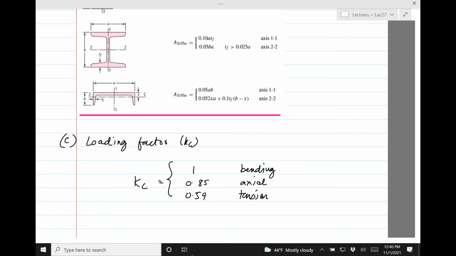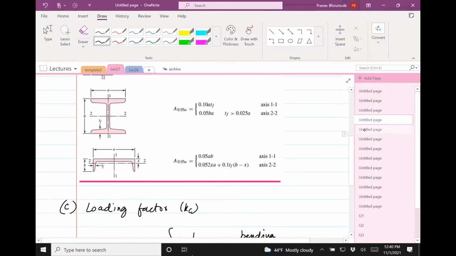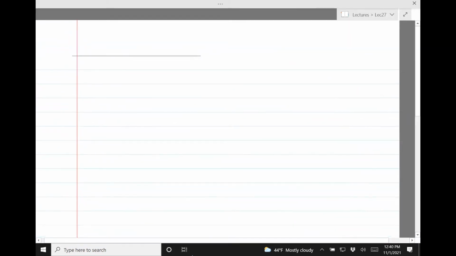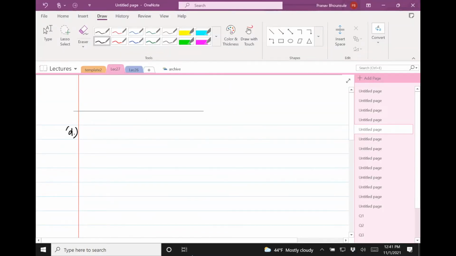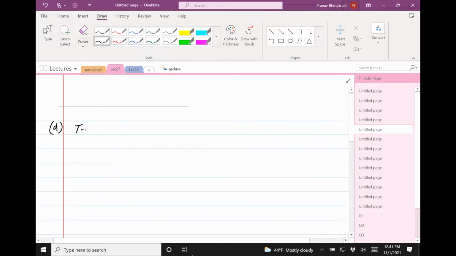Materials are subjected to temperatures which are different from the temperatures they experience when they are tested, so this factor accounts for that. So this is KD.